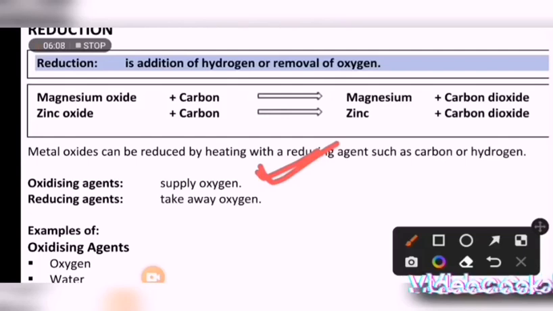A reducing agent is an agent or a substance that takes away oxygen. For example, in this case, carbon becomes a reducing agent, and oxygen becomes an oxidizing agent. I think you are assisted.